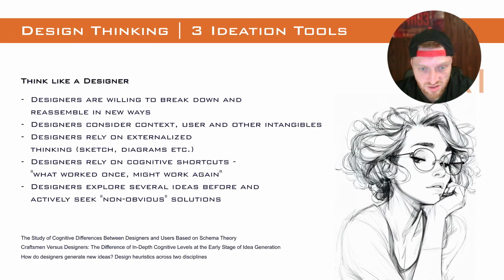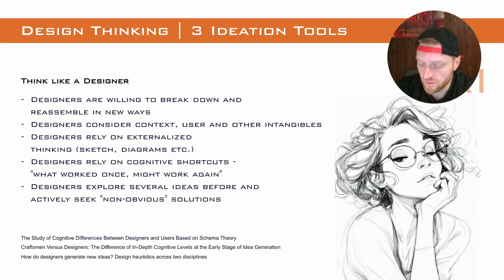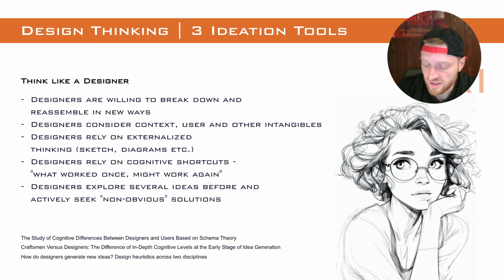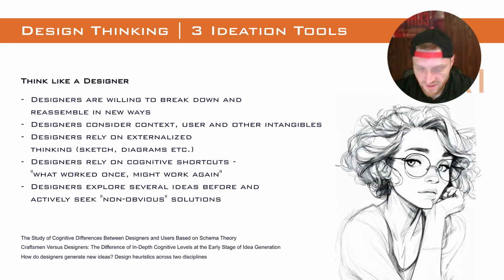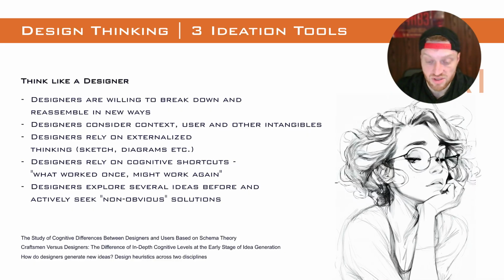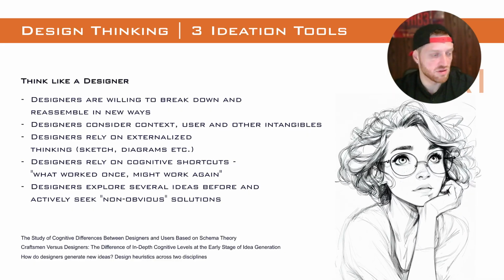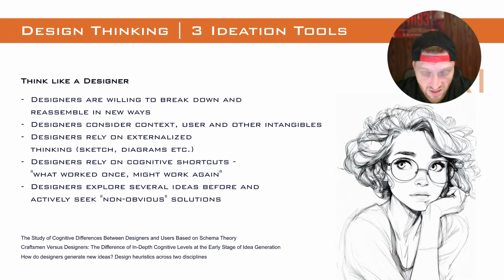The last thing that characterizes the thinking of a designer is that designers explore several ideas and actively seek also the non-obvious solutions, right? So they don't just make one idea and then develop that idea to a stage that makes it almost finished and done, but they create many different ideas and develop them also in parallel to see which one turns out to be the best. And after the initial, let's say, low-hanging fruit ideas have been churned out, they actively seek non-obvious solutions.